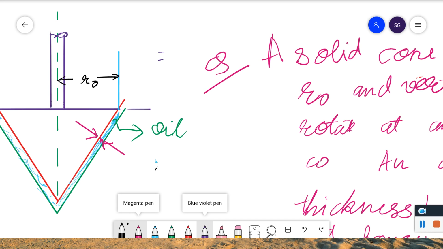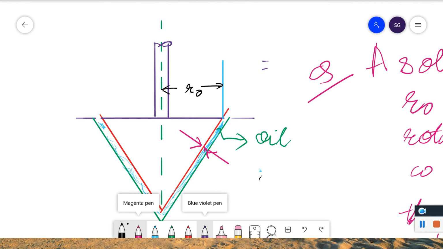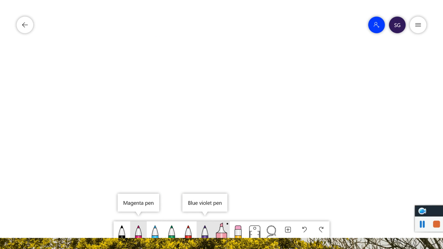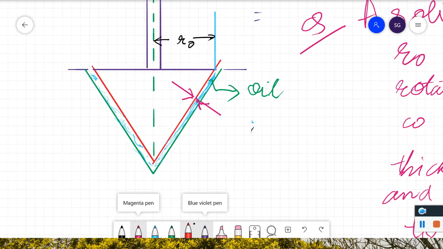And this is omega. Okay, so the figure is in front of you. This is the figure actually.